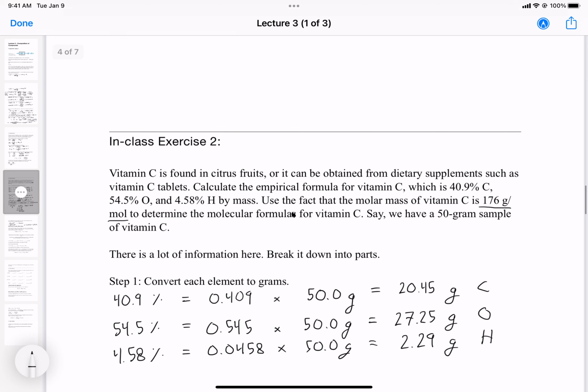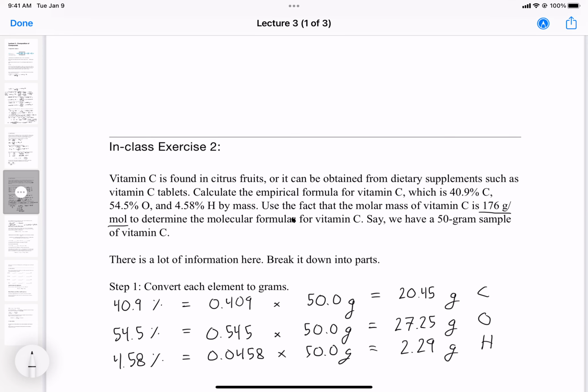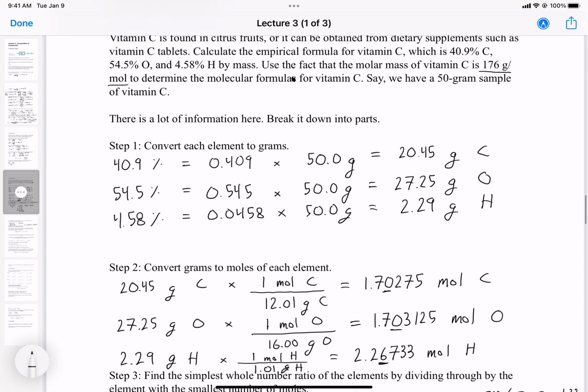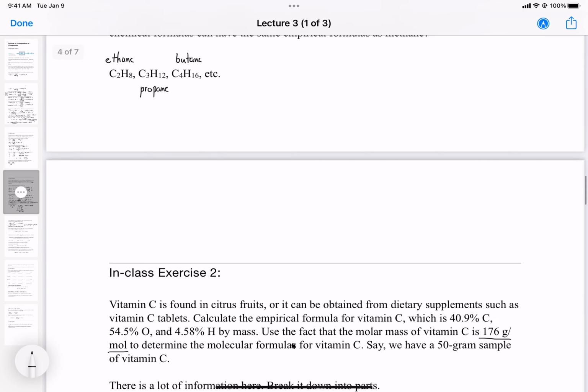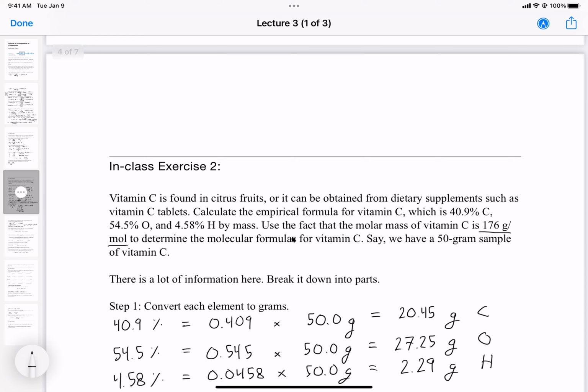You should be printing out, or taking this blank outline and filling it out as we go through the lecture. I think that's really helpful for problem solving, not just absorbing information.